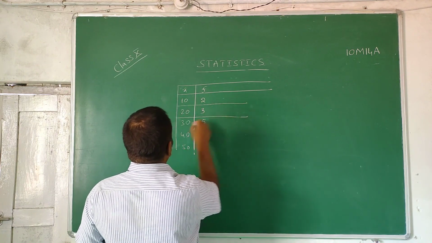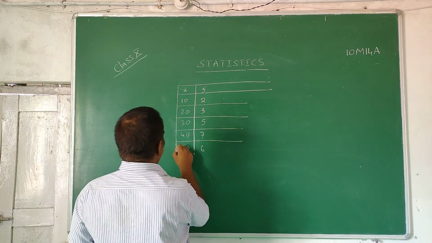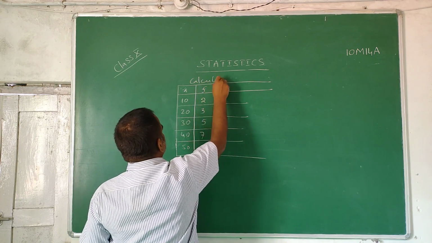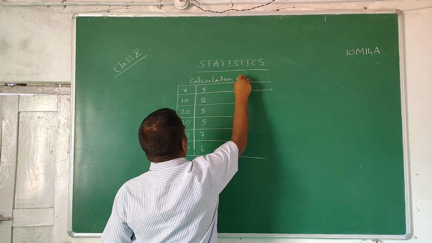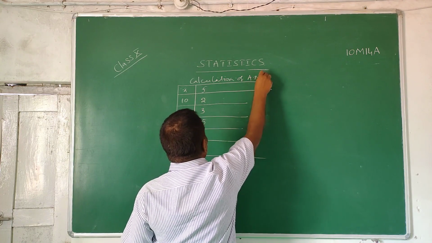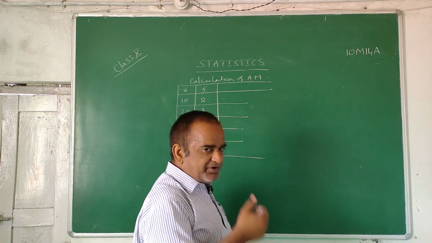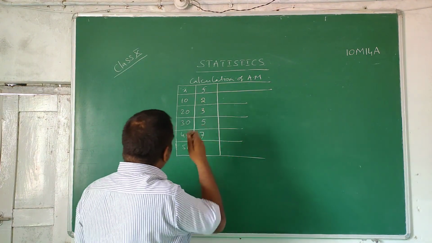On the top of the table write calculation of arithmetic mean. That gives a good impact on the examiner.